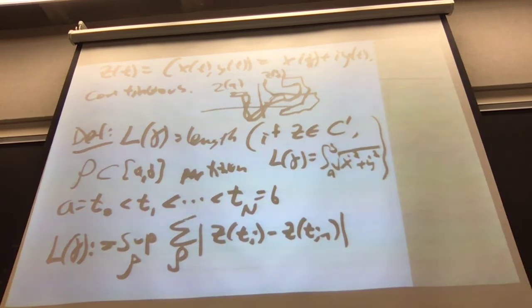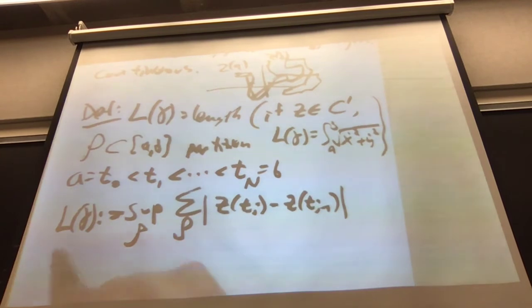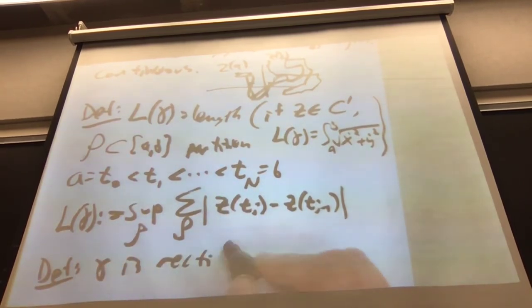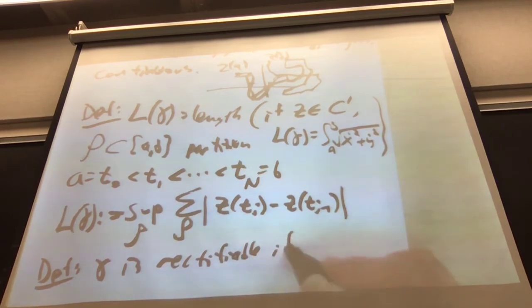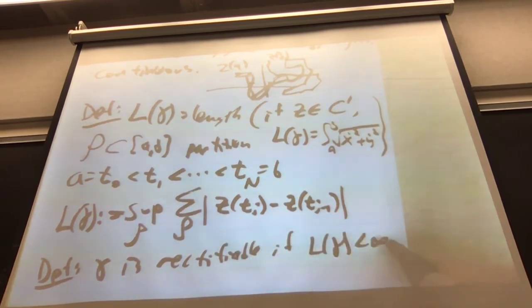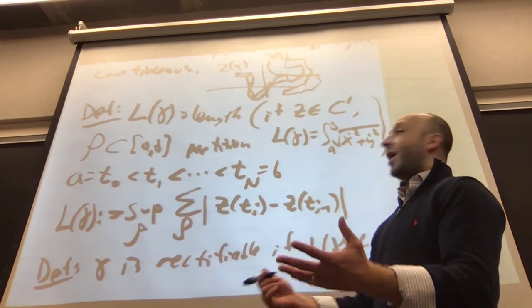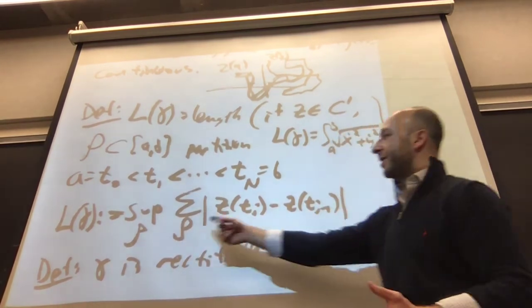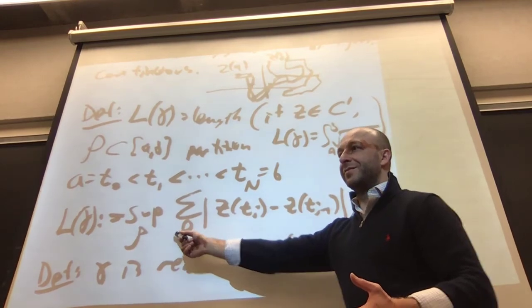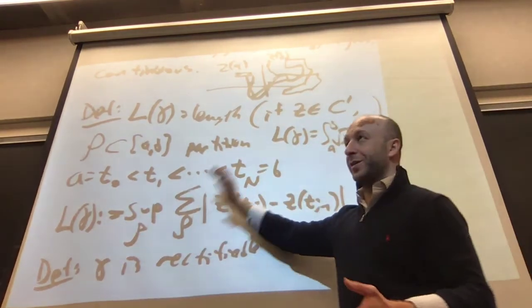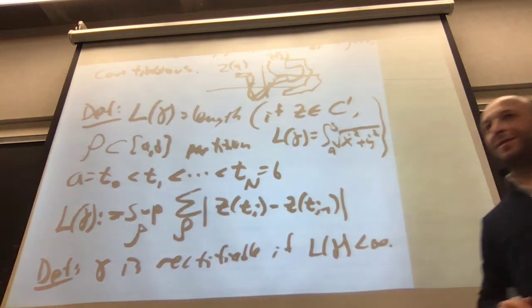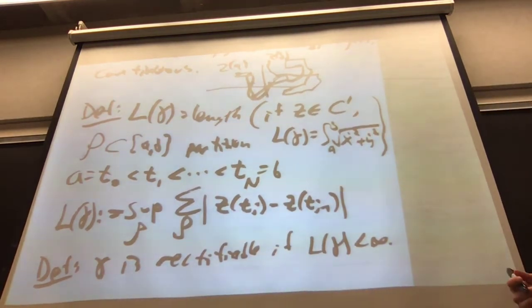So, definition: gamma is rectifiable if its length in this definition is finite. Another way of saying this is that there's a universal constant such that for any partition this thing is bounded by that constant. If it exists, then you can take the least of those constants. That'll be the sup over all partitions.